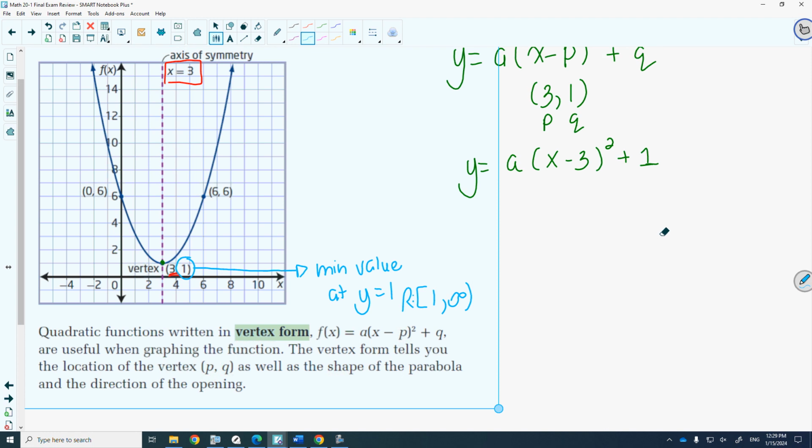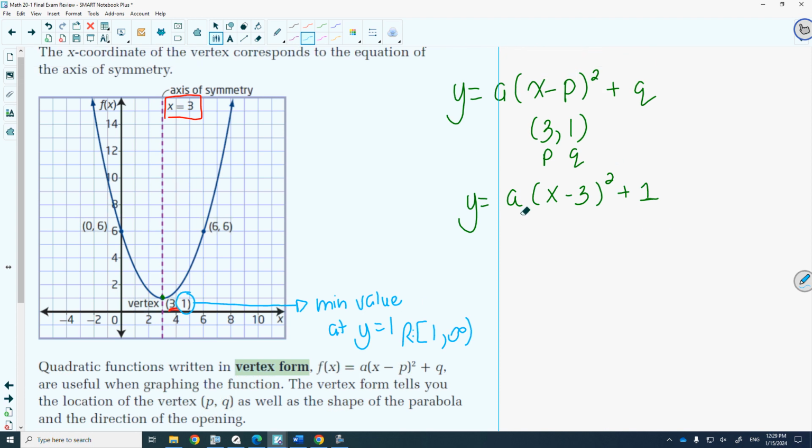Okay, in order to figure out your equation in vertex form, you first fill in your p and your q value, and then we're going to figure out our a value, and you're going to use a point for the a value. If you could use your y-intercept, that's the point I always choose. So in order to get my a value, I need to sub in a point, and the point that I'm going to substitute in is 0, 6. So x and y.